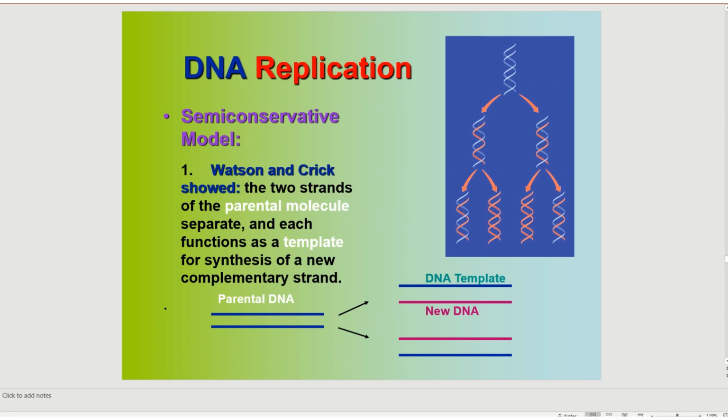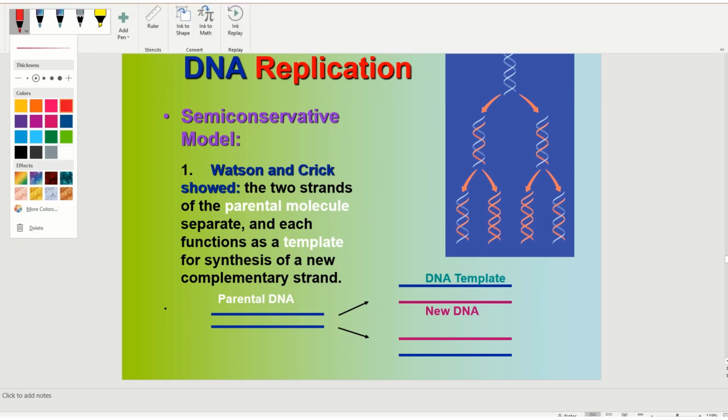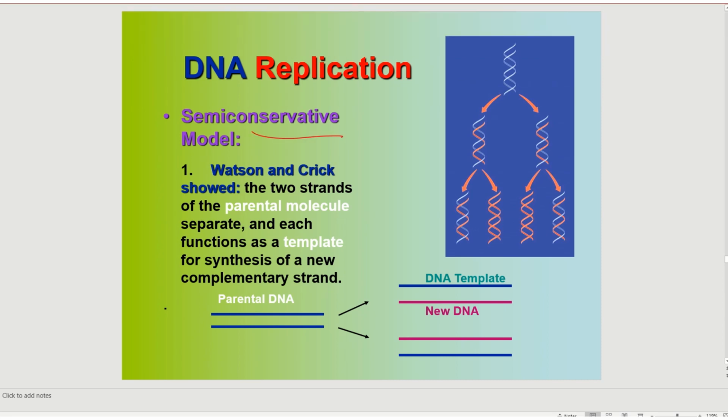So this is called semi-conservative model. Semi means half. So conservative means that you're going to keep. You're going to keep one side. And the other one, the other half is going to be new. So you keep the parent. Is it really a mom or dad? No. You keep this original one. And you see how it's right here? And you're going to make only one side new.